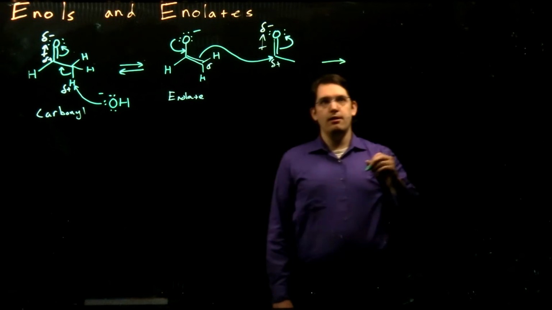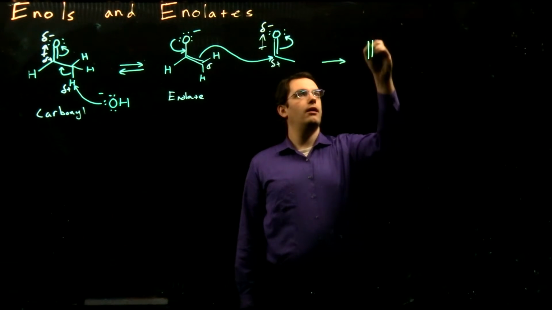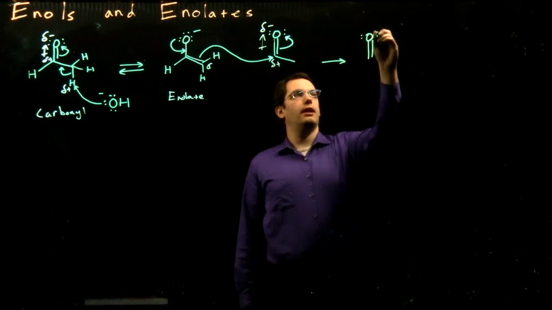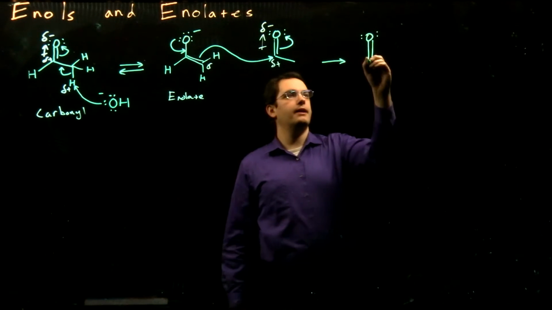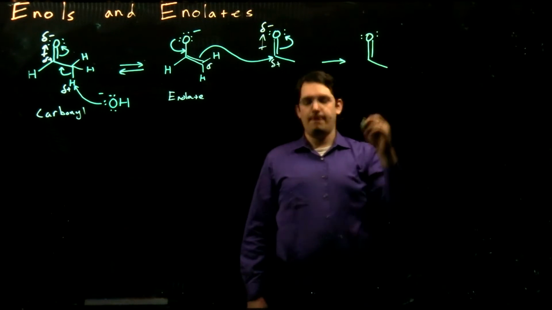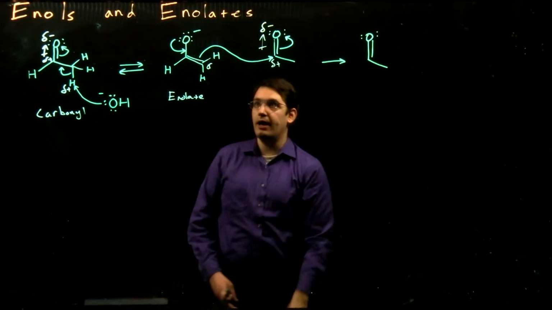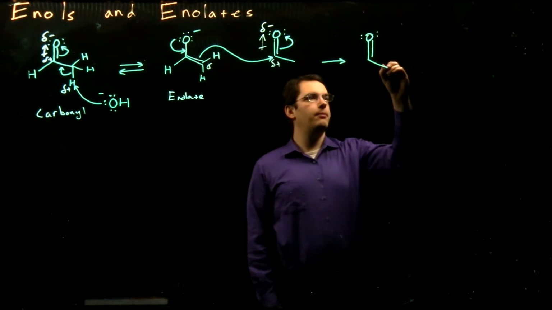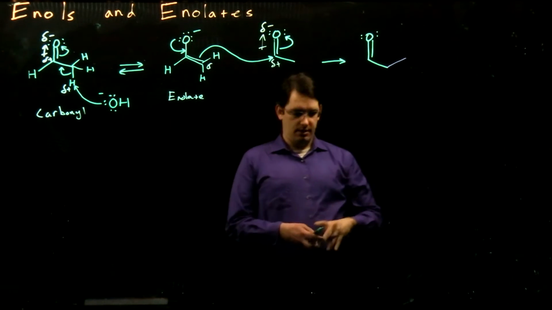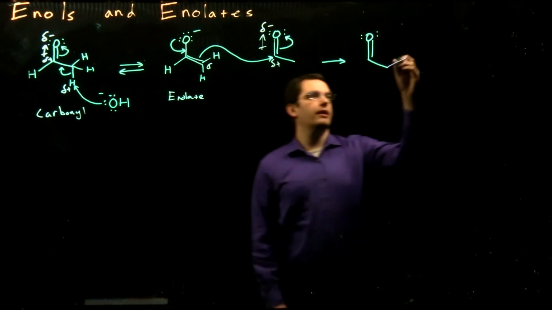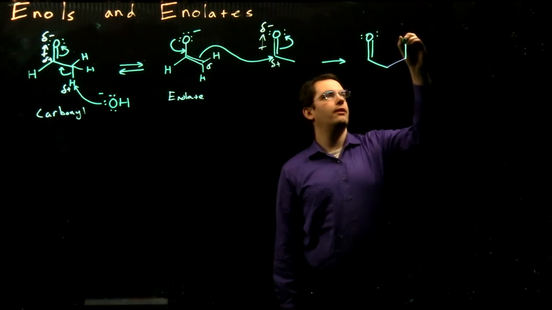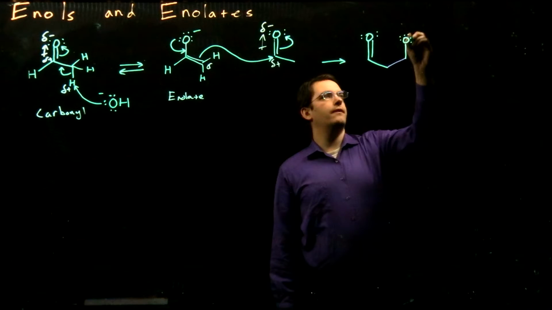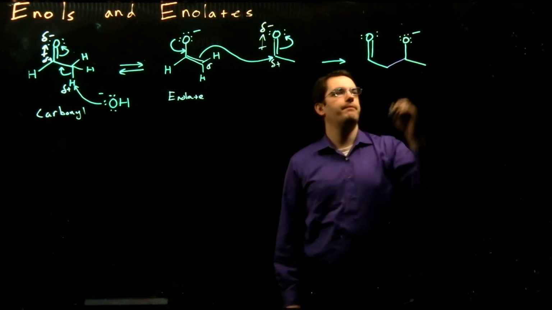So the product here, we would have our enolate, which now has gone back into its carbonyl form, and we formed a new bond, which again I'll highlight in purple, over to our second molecule of our ethanol, which now is in the alkoxide form.